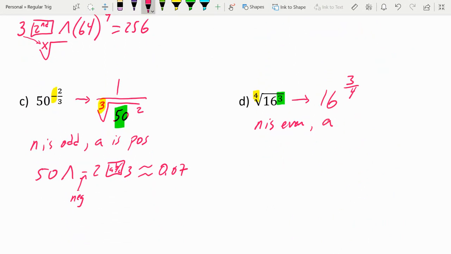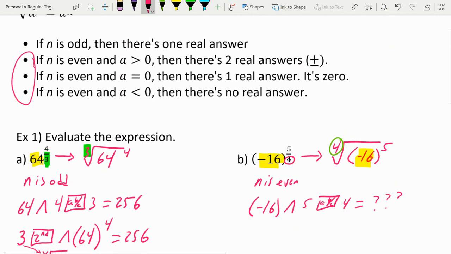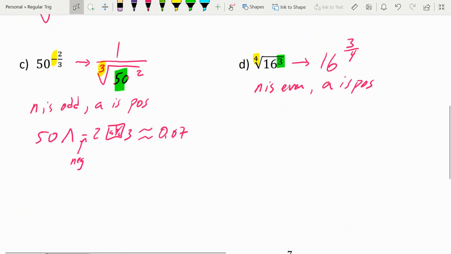What do I know about A? Well, 16. So A is positive. All right. N is even. A is positive. Here's the one that has 2 real answers. All right. So we know there's going to be 2 real answers. So this is the one I know I have to put the plus and minus in front of.